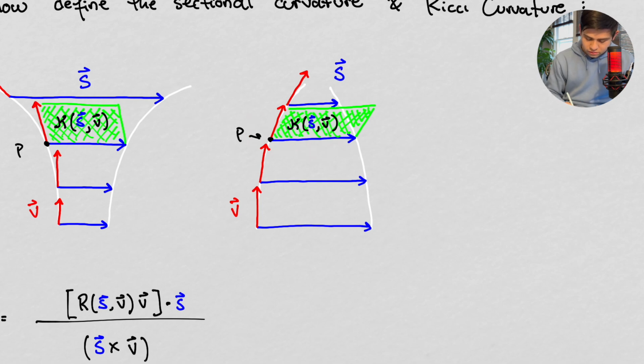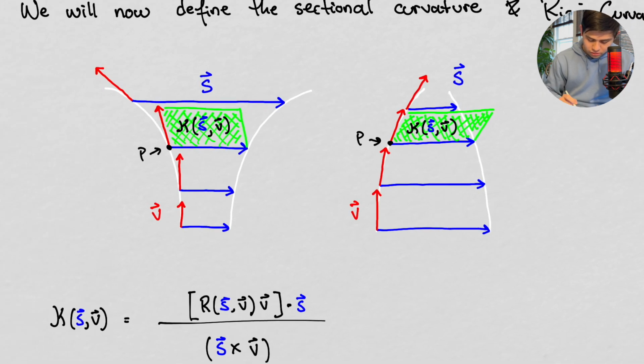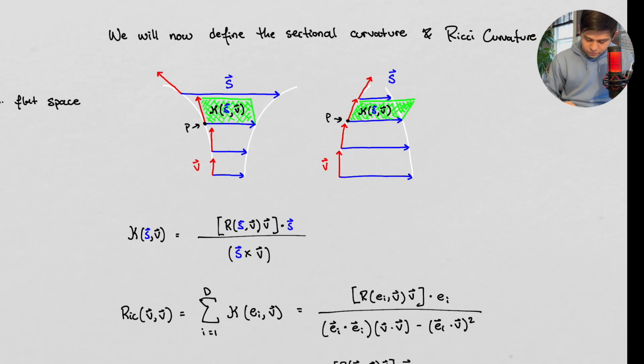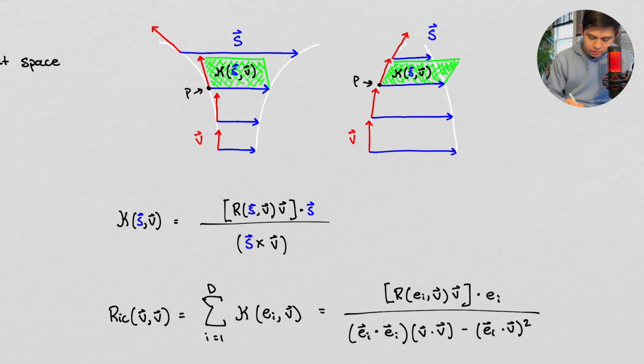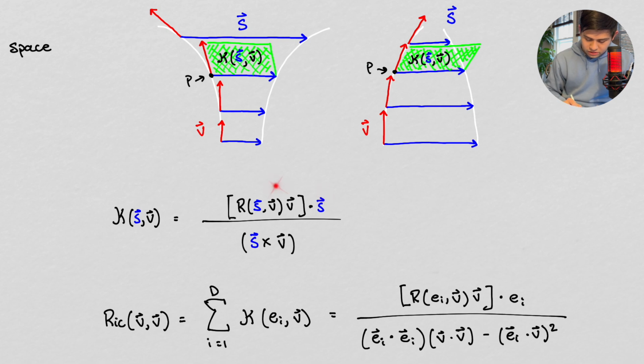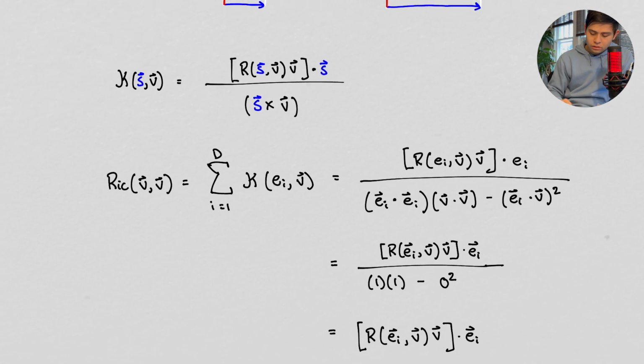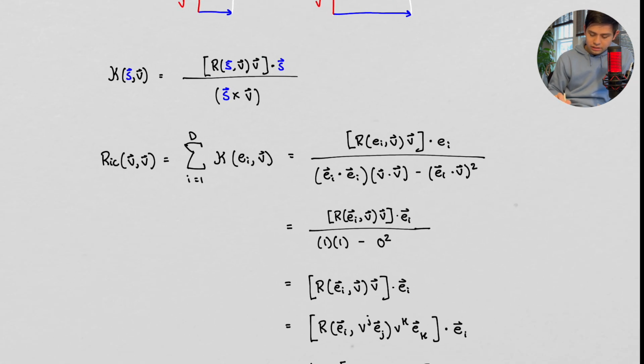P is that point. And when we do that, we get an area, and we use this area to normalize the size of this vector, which we defined before. We use this area, which is given by the cross product. If you recall from linear algebra, the area of a parallelogram of two vectors can be defined as the cross product between the two vectors. And that's all given right here.